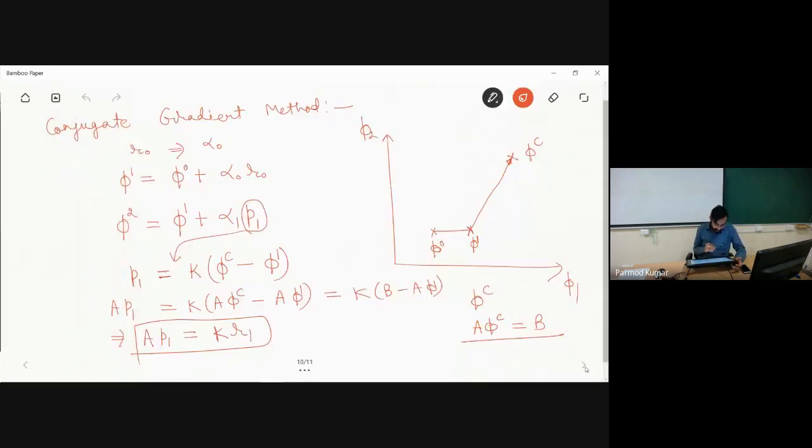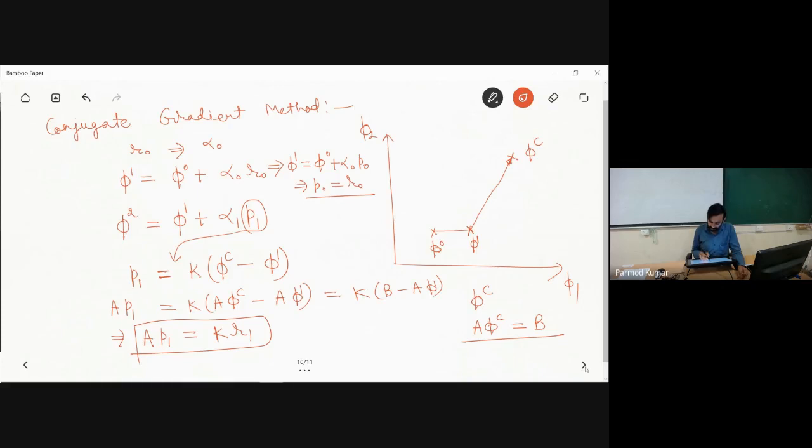Now, one more thing I want to tell you: for the conjugate gradient method, if I generalize all my direction vectors in terms of P only, then I can write that phi 1 is nothing but equal to phi naught plus alpha naught into P naught. However, for the first iteration, our P naught will be nothing but equal to R naught, because in the first iteration it behaves like the steepest descent method only.